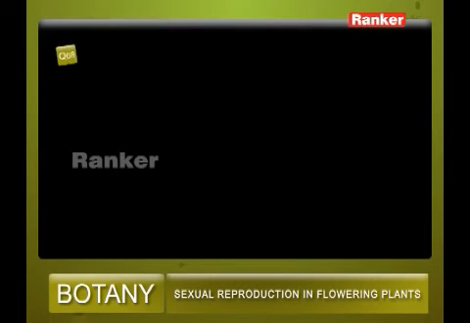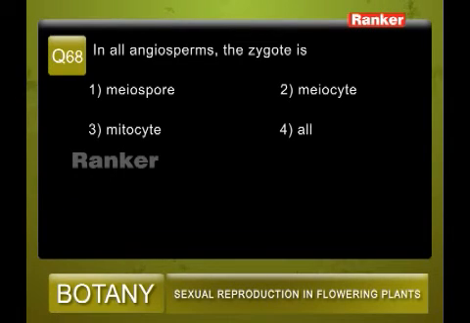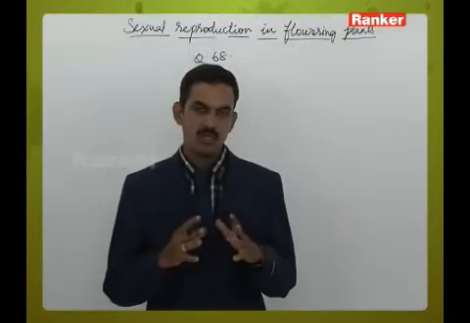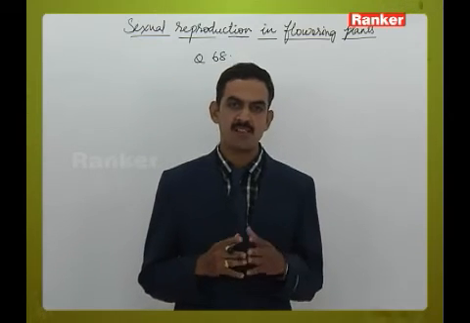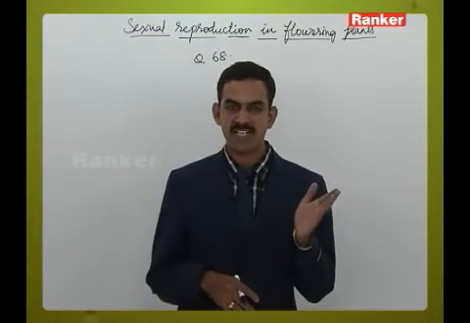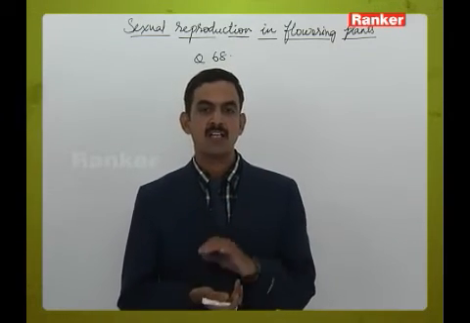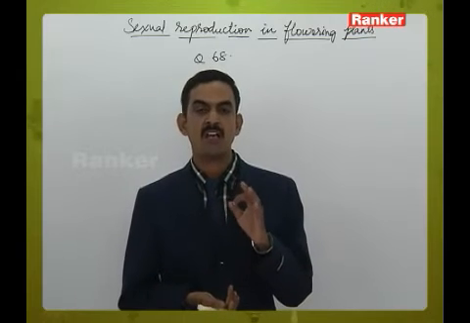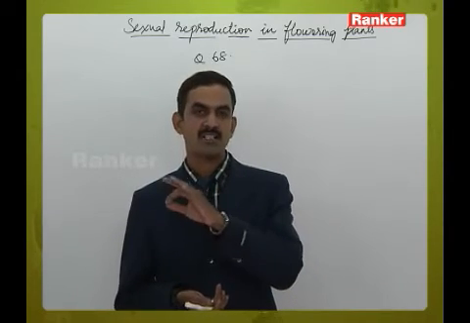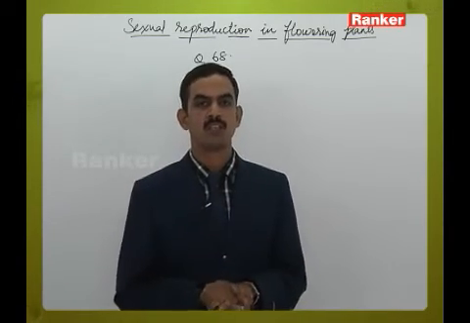Question number 68, in all angiosperms the zygote is: options: 1 meiospore, 2 meiocyte, 3 mitocyte, 4 all. Zygote is a structure which is formed as a result of fusion between male gamete and a female gamete, and this zygote will undergo further divisions to form into embryo.